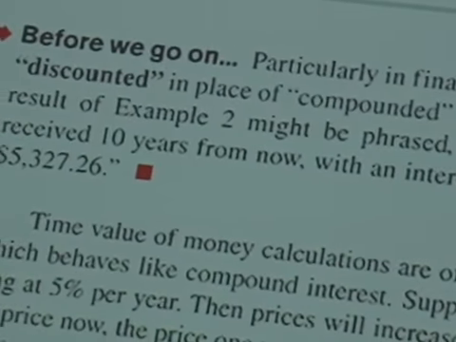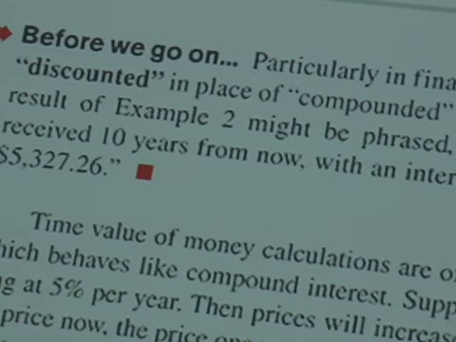When we talk about future value, we're talking about compounding, right? But when we know the future value and want to figure out what present value we would need, maybe discounted might make some sense, I guess. So let's see what they mean again.